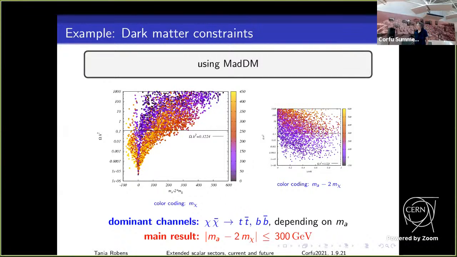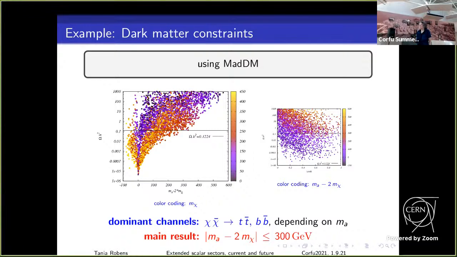Then another example is the dark matter constraints. What you see here is the mediator mass minus 2 times the dark matter mass, so if it's 0, you're on top of the resonance. This is the relic density, and this is the official bound, so you don't want to be above this bound.